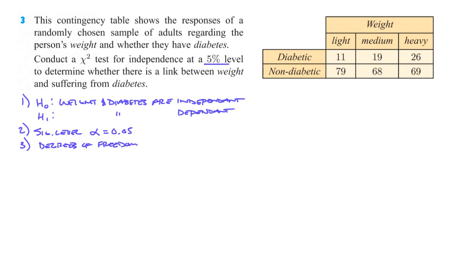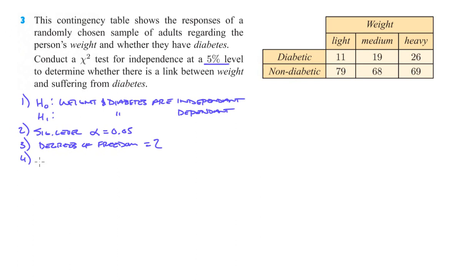And remember to do that, probably the easiest way is to cross out a column and a row, and the number of cells we have left is the degrees of freedom. So in this case it would be 2. So I'm going to undo that since we need that data here. So our degrees of freedom is going to equal 2.